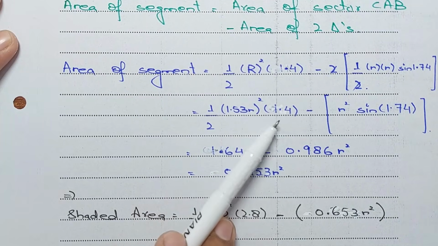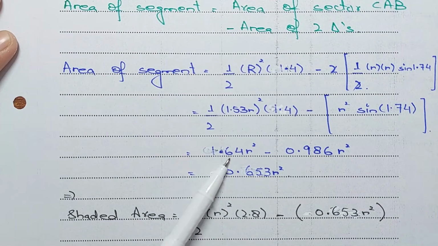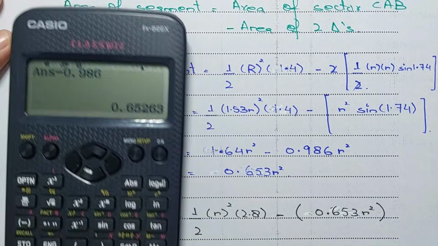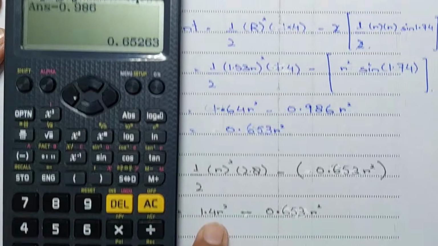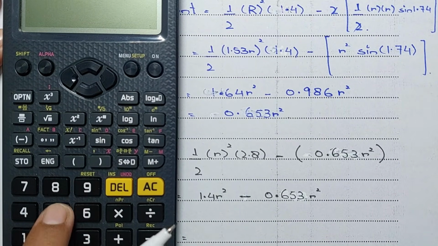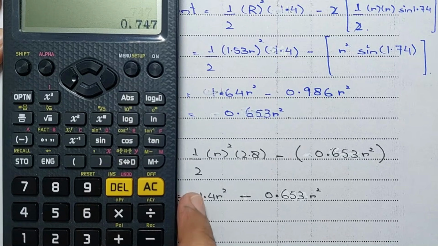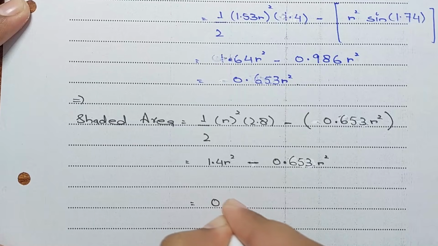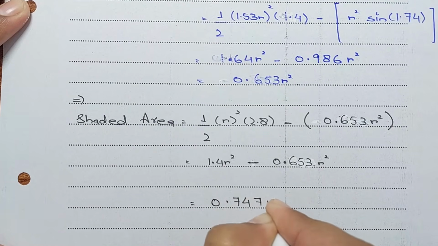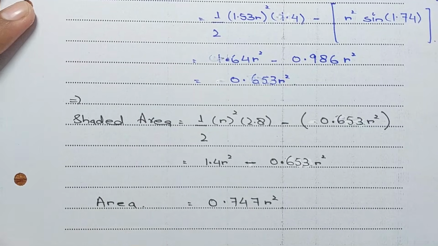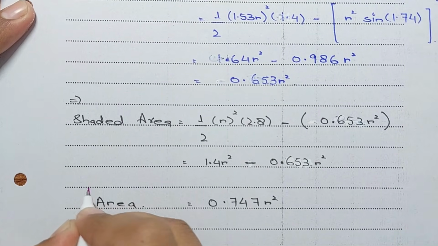So it's 1.4 over here, and when you simplify 1.64 and when you subtract both of them, this is 0.65 and round to 3. And at the end, when we do 1.4 subtract 0.653, this becomes 0.747 r square. This is 0.747 r square. This is the shaded area in terms of r. That is the final answer.